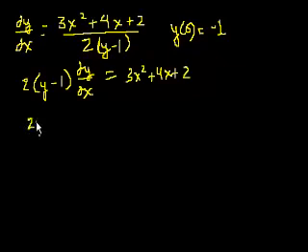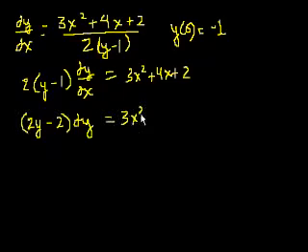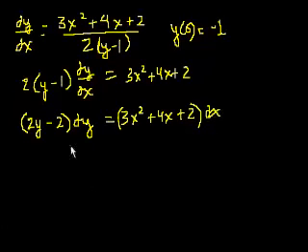You get 2y minus 2 dy, I multiplied both sides times dx, so that equals 3x squared plus 4x plus 2 dx. I have separated the independent from the dependent variable and their relative differentials.